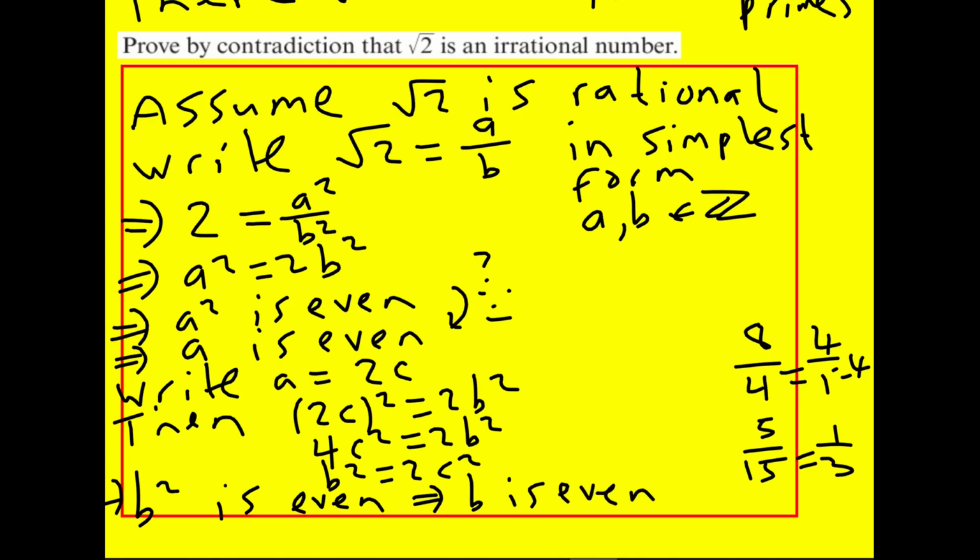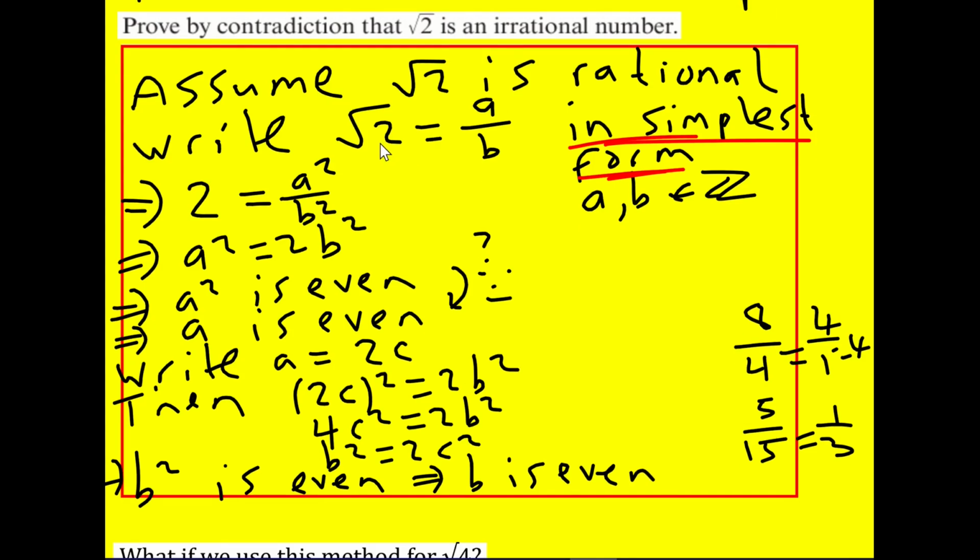Now this is an issue because we said at the start we'd written it in its simplest form, and now a is even and b is even. So I've not written it in the simplest form, and the only logical argument is that it's not possible to write it in this way because I'd have to have both a and b equal to even.